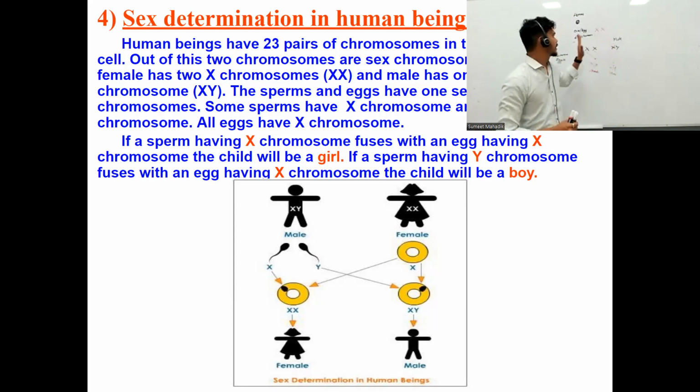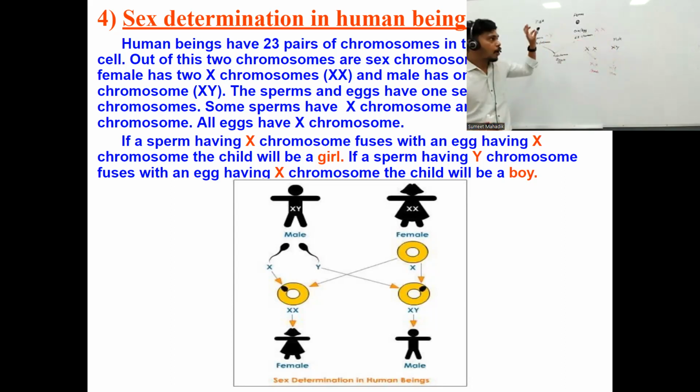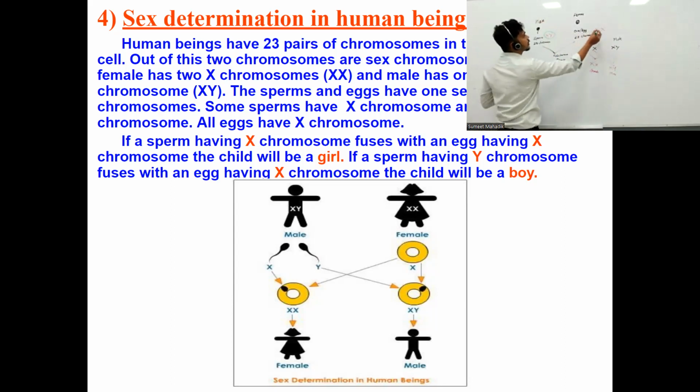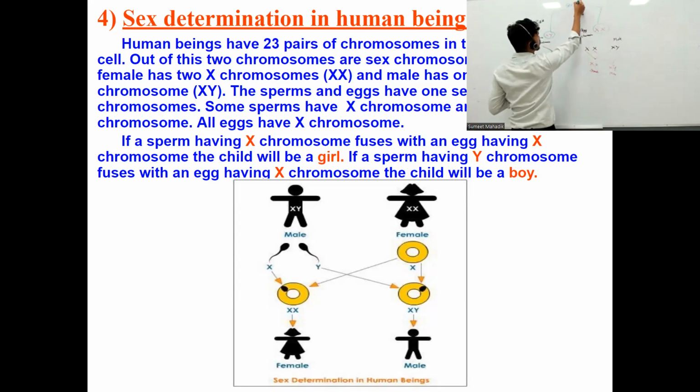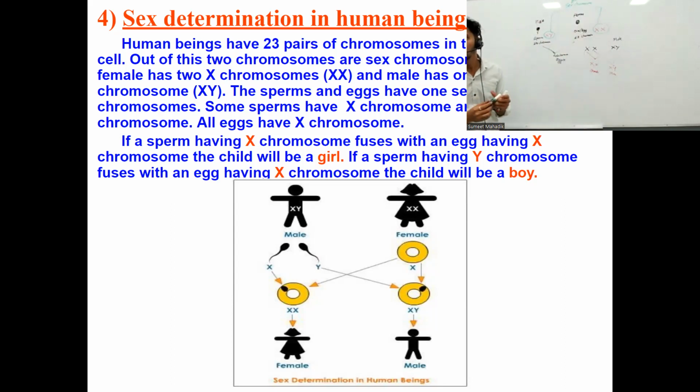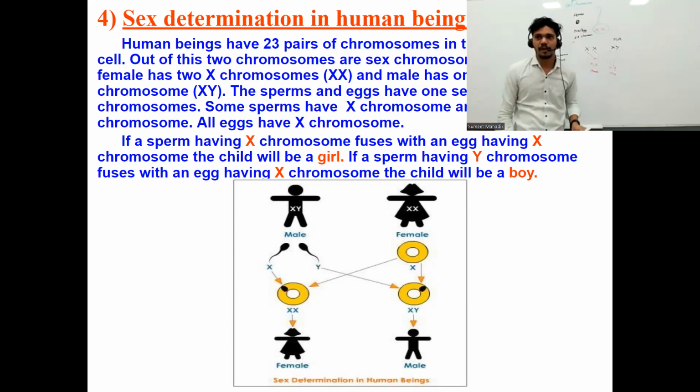Why? Because see, 23 is common. From the 23, I'm talking about this X and Y. They are called the sex chromosomes, or sex determining chromosomes. Be comfortable.